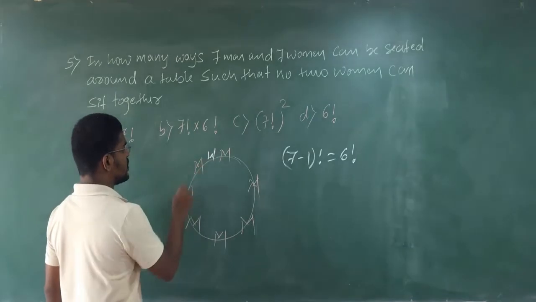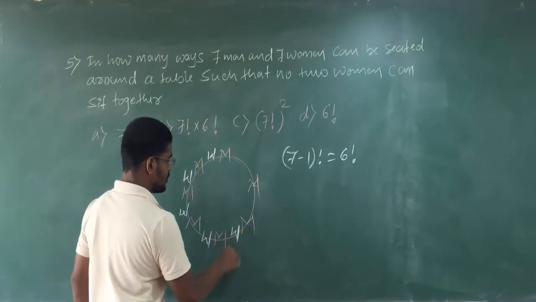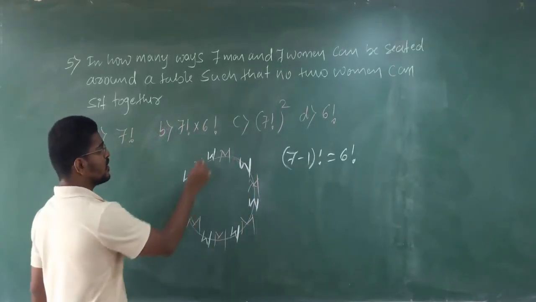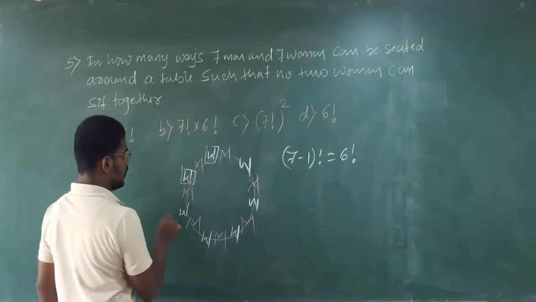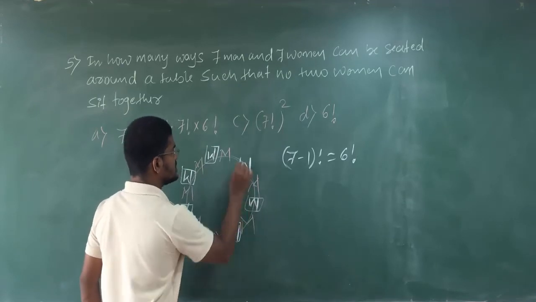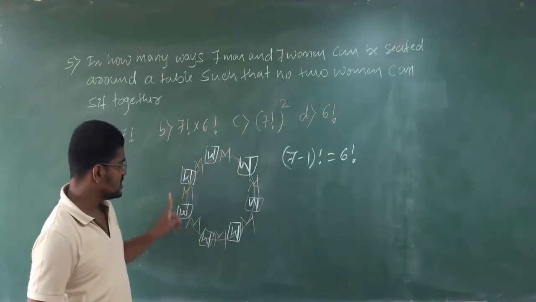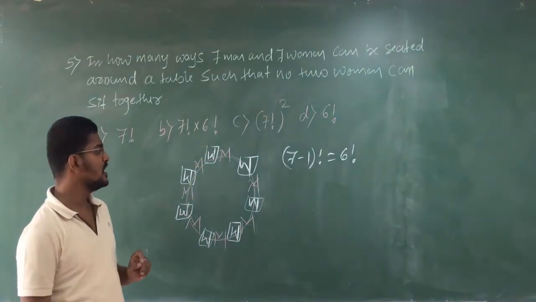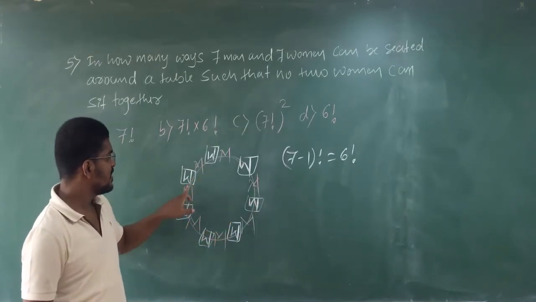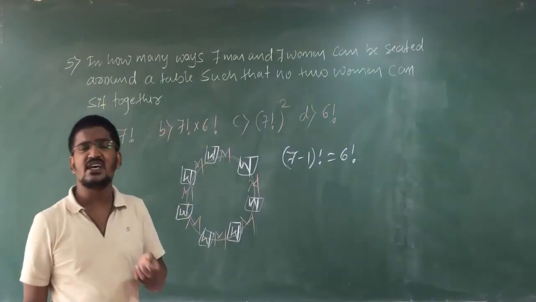So this will be the place of women. See how many places? 1, 2, 3, 4, 5, 6 and 7. So there are 7 places for women to sit, so that no women are together.